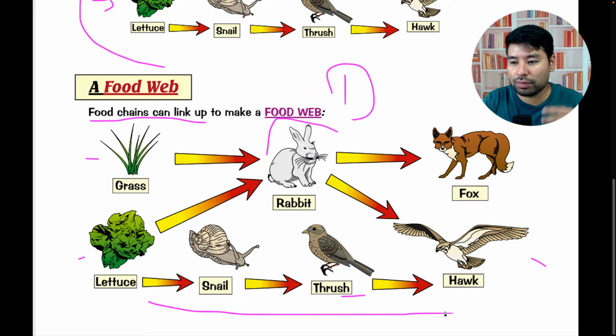So you see, grass and lettuce is connected to the rabbit. Rabbit is connected to the fox and to the hawk, and in the middle of them we have snail and thrush. So you see, it's a food web, é uma rede de conexões here, right? Very interesting.